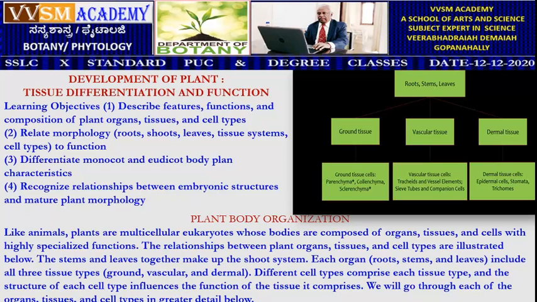Each organ, roots, stems, and leaves, includes the three tissue types, ground, vascular, and dermal, as I told you. Different cell types comprise each tissue type, and the structure of each cell type influences the function of the tissue it comprises. Come, let's move. We will go through each of the organs, tissues, and cell types in greater detail below.